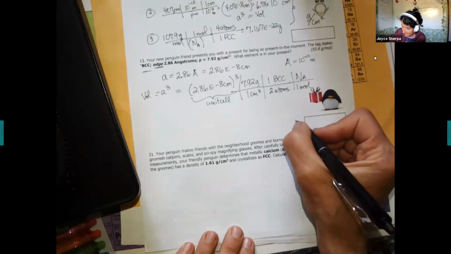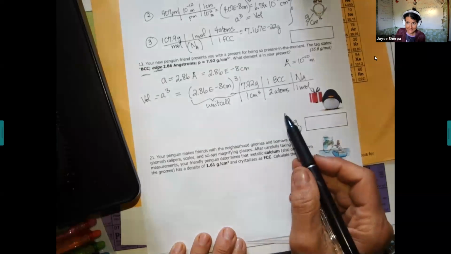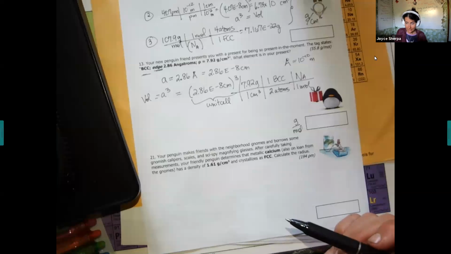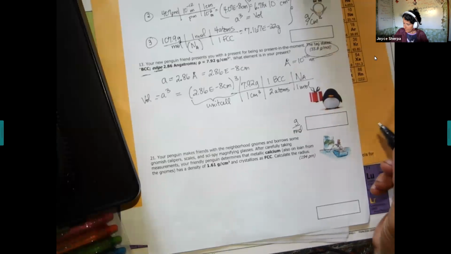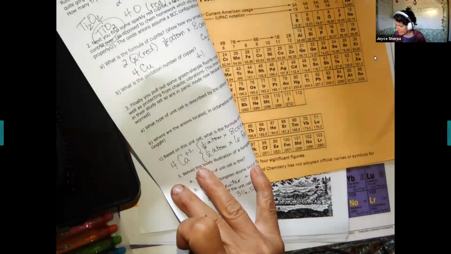When it asks you what element it is, you want to end up with grams per mole. Again, you could break it into steps, or do it in one whole setup. We should get around 55.8, which I'm pretty sure is iron. You would look on the periodic table, and 55.8 hits iron right on the nose. So you would tell me it is iron.